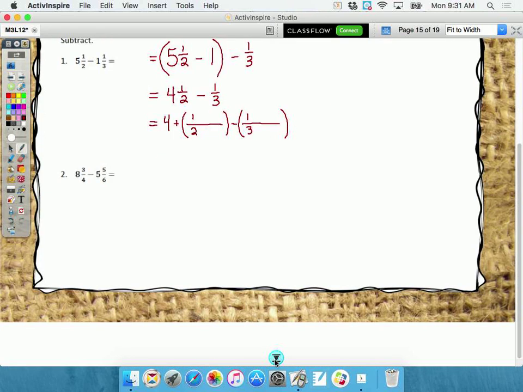And I'm going to scroll just a little bit. Okay, so I have 8 and 3/4 minus 5 minus 5/6. Okay, 8 minus 5, what is it? 3. So 3 and 3/4 minus 5/6.